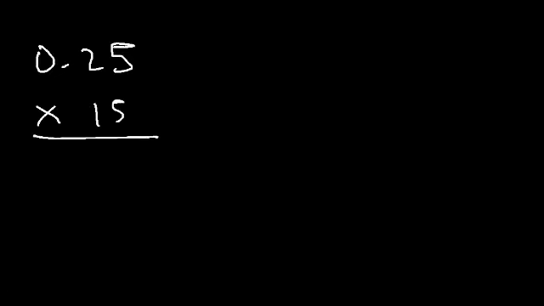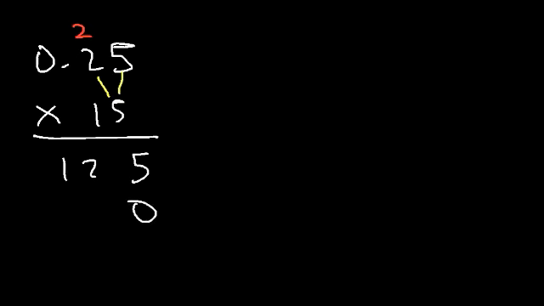So let's say you want to multiply 0.25 by 15. What would you get? So 5 times 5 is 25. So we're going to put the 5 here and add the 2 to the top. 5 times 2 is 10 plus 2, that's 12.